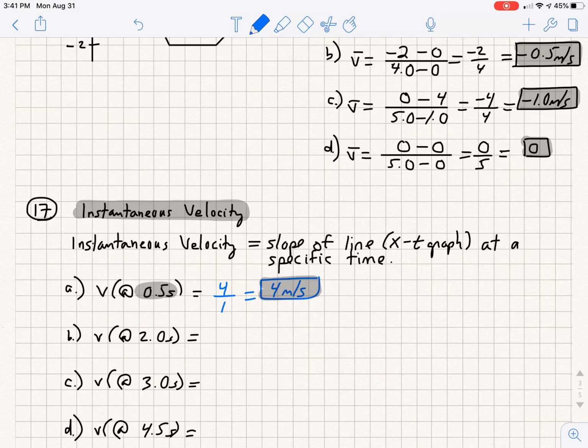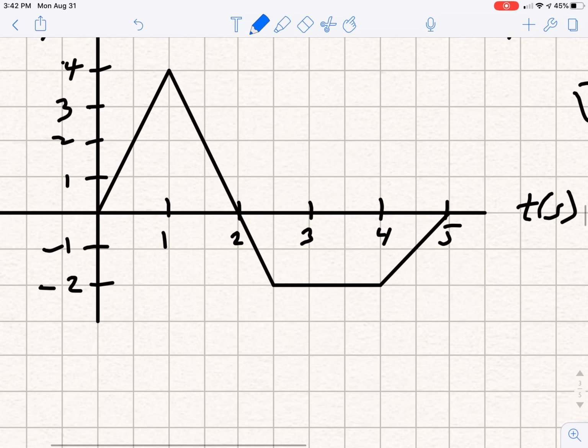At 2 seconds, well, 2 seconds is right here. And 2 seconds, you'll notice, is part of this particular downward sloping line segment. In which case, we could have a slope of down 2 over a half, down 6 over 1.5, down 4 over 1.